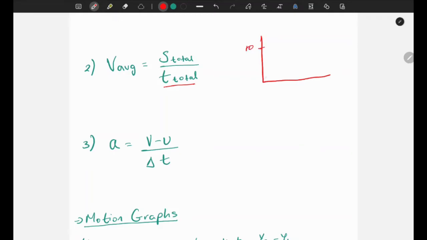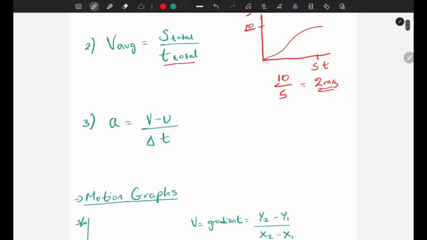This could be 10, and then we can have 5 seconds here, and then we can be asked to find the average speed. So the average speed would be the total distance, which is 10, over the total time, which is 5. So average speed would be 2 meters per second. That's how we find average speed.